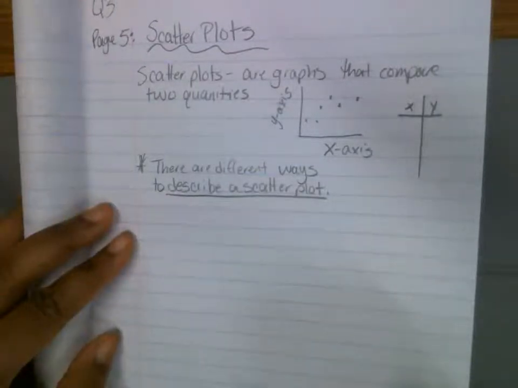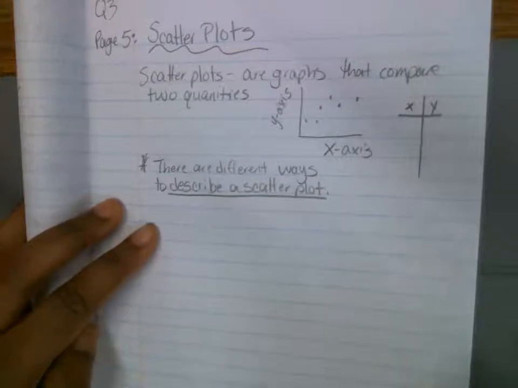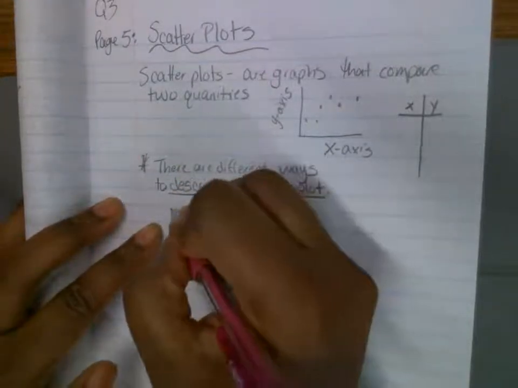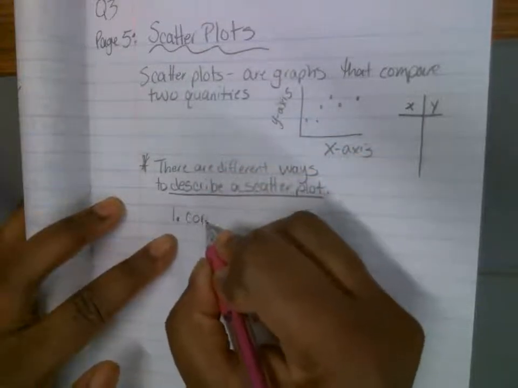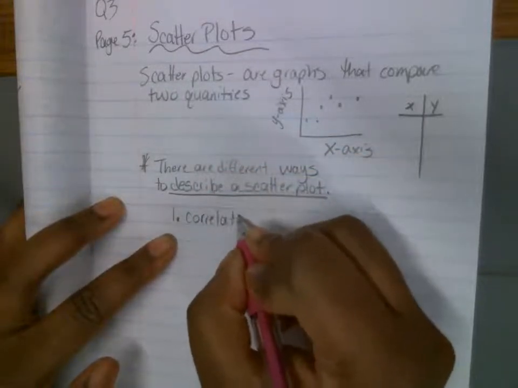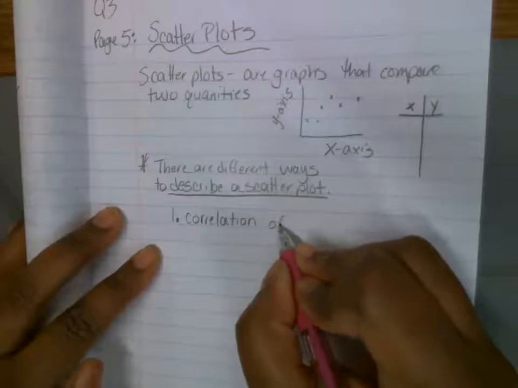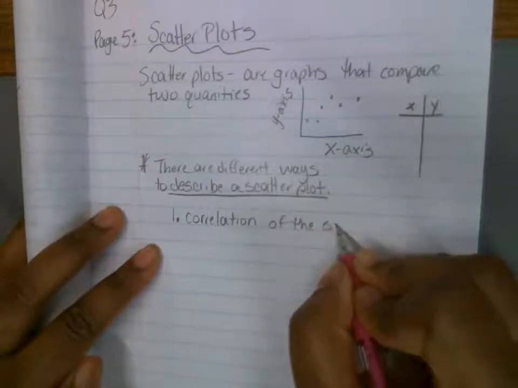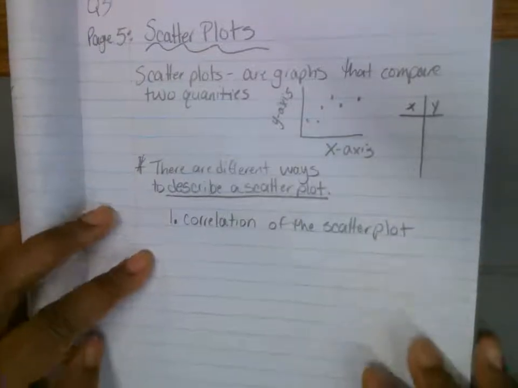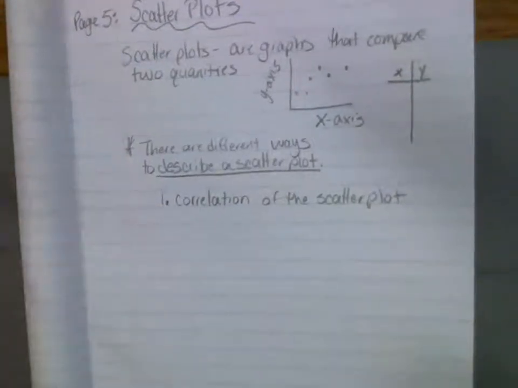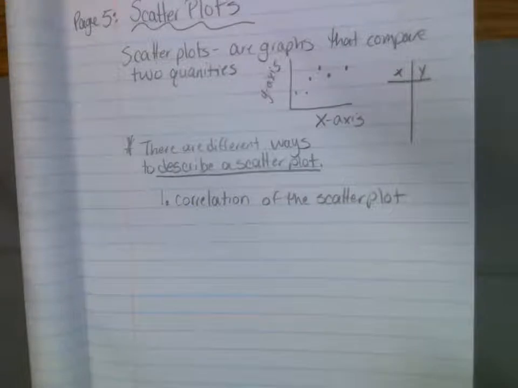One way to describe it is to describe the correlation. There are three types of correlations.